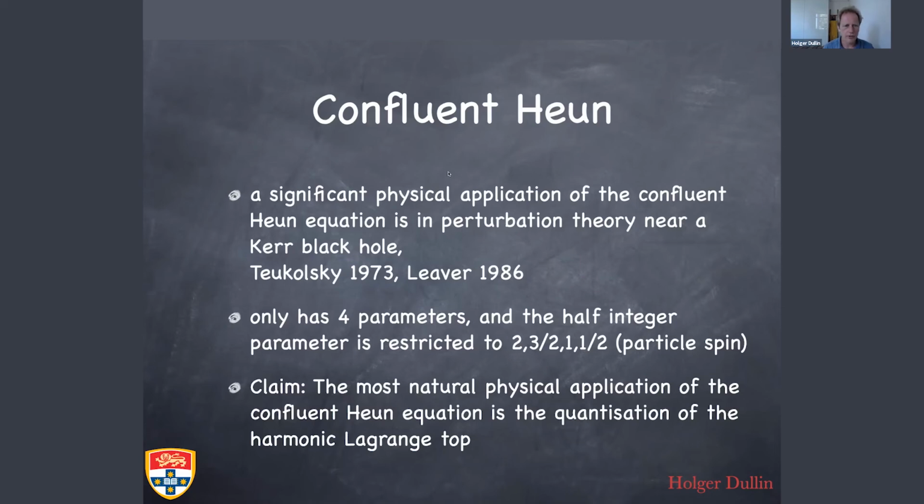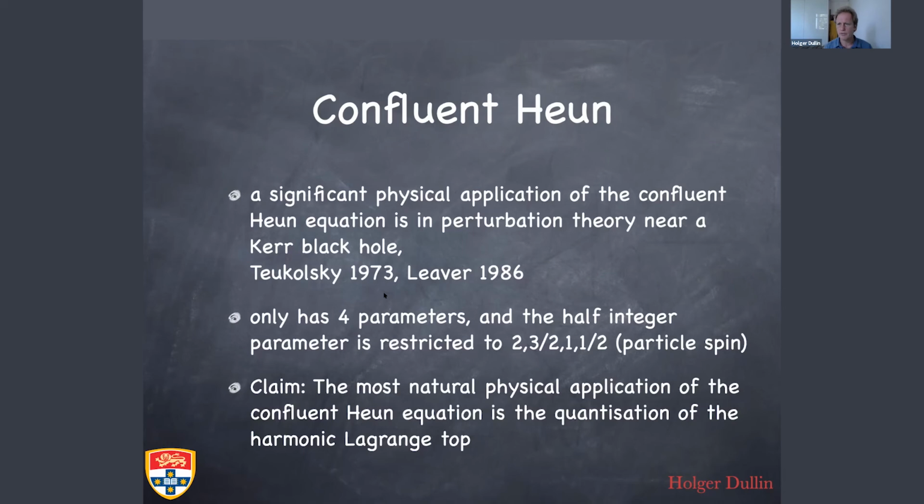So I wanted to close with a couple of remarks, and also one remark about Painlevé in the end. When you look up what's the physical application of the Heun equation, then you end up with this paper, as you referred to, on perturbation theory near a Kerr black hole, and that was done by Teukolsky, and in that setting it is also known as Teukolsky's master equation, or as the general spheroidal wave equation, or the Confluent Heun equation, all the same thing.